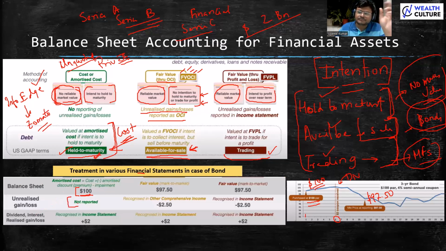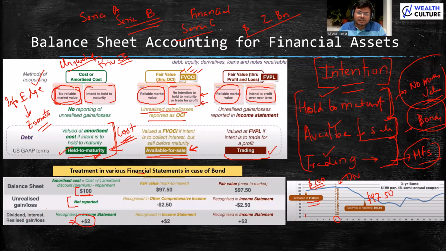In the P&L, I will not show any gains or losses, right? So no profit and loss is recognized in the income statement because of this investment, even if the fair value of the bond today is 97.5. But what I will show in the P&L is that I have received a dividend of $2, right?